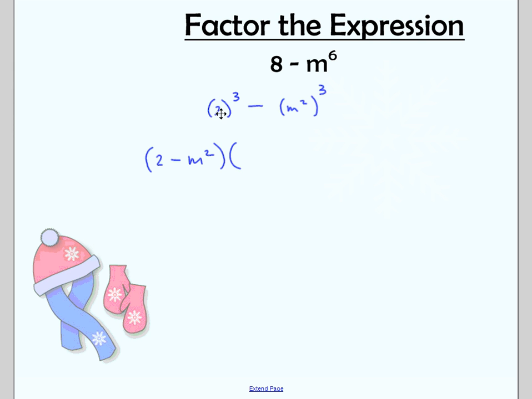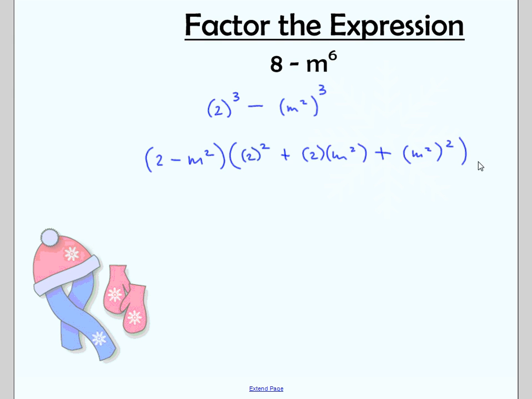Then I'm going to do a squared, 2 squared, opposite sign, so it's going to be plus, then a times b, so 2 times m squared, then it's always plus, and then the last one, b squared, so m squared squared.